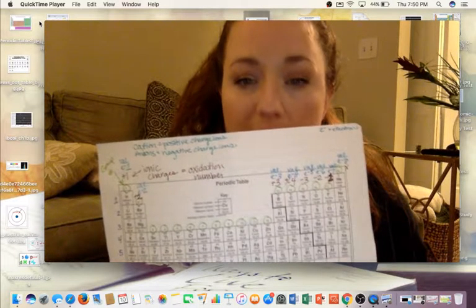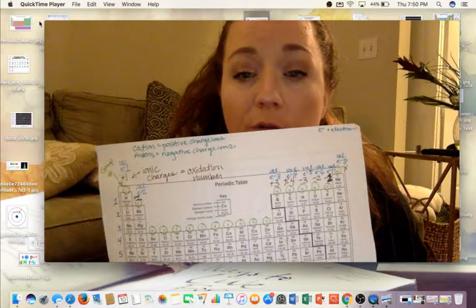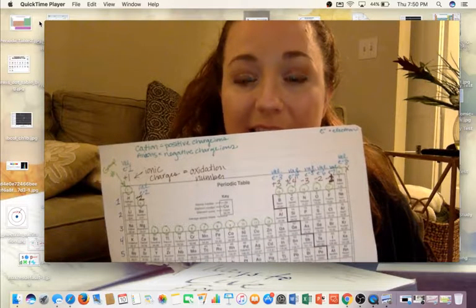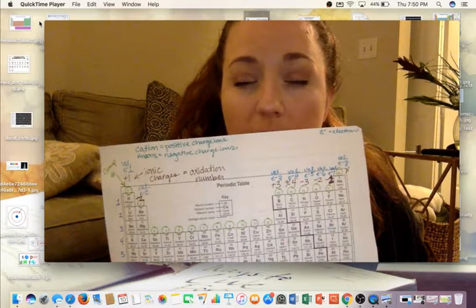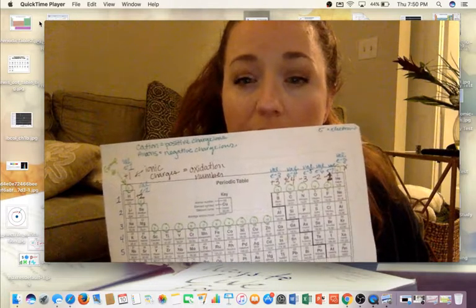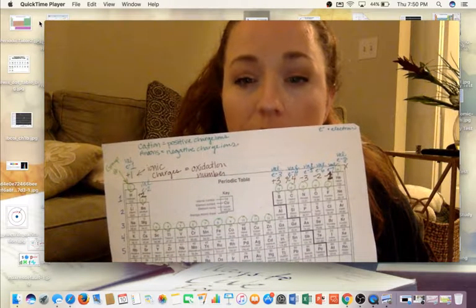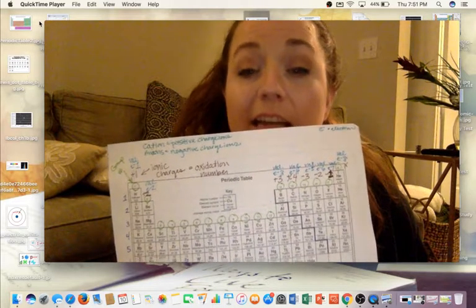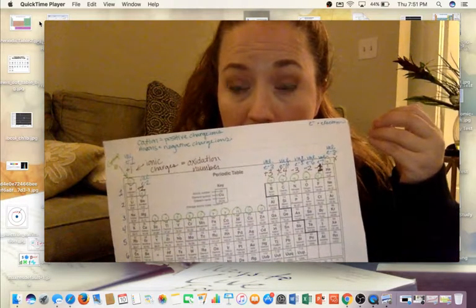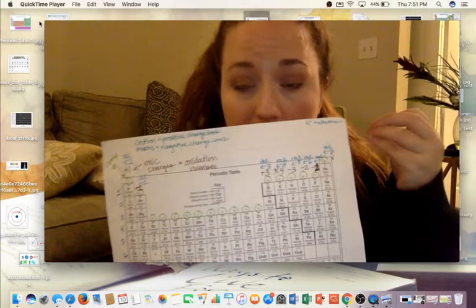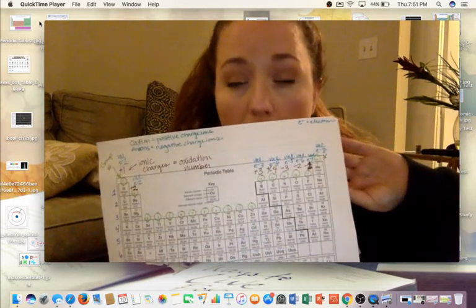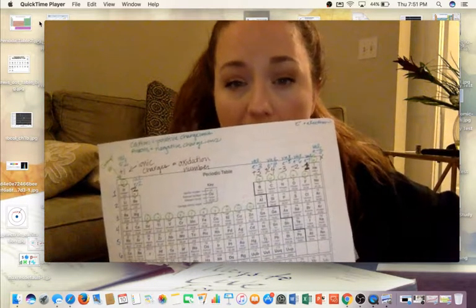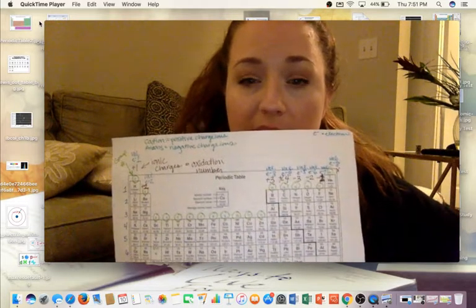Group 14, because it has 4 valence electrons, can go either way. Depending on who group 14 bonds with will depend on if they gain 4 electrons from someone else, or if they give away their 4 valence electrons.